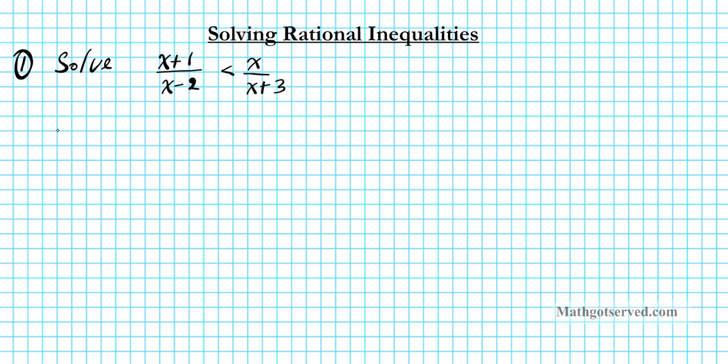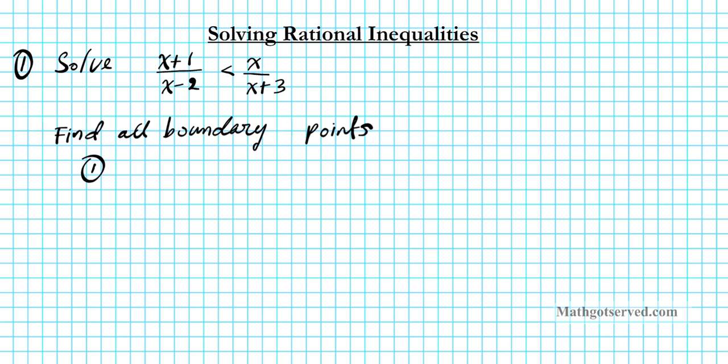So what we're going to do first is find all boundary points for the solutions and the regions that are not our solutions. Our boundary points are places where the inequality is undefined, and the solutions.